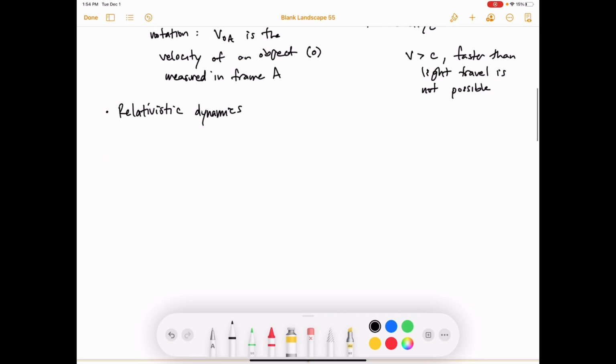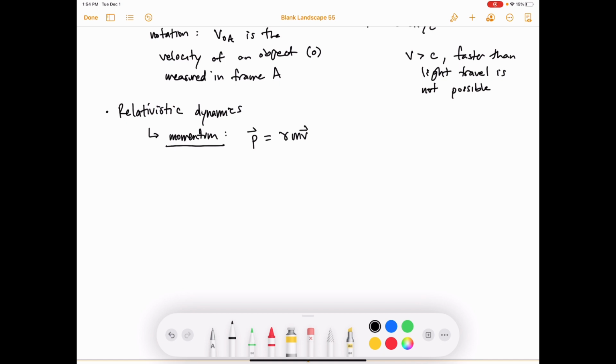The first thing that we went over is momentum. In order for conservation of momentum to still make sense when things are moving close to the speed of light, we have to revise the definition, where p is now gamma times mv.